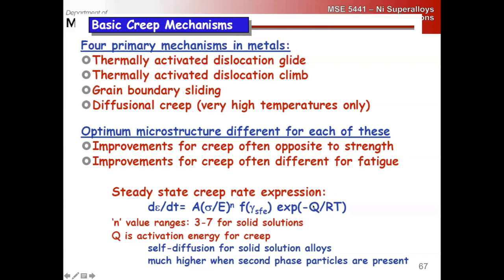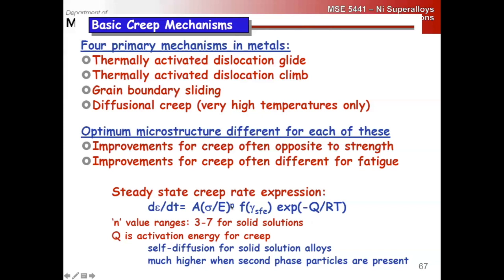Q is the activation energy for creep. So for a single phase solid solution alloy, this is just going to be the same activation energy for self-diffusion. But when you have secondary phase particles, this activation energy for creep is much higher than that for diffusion.